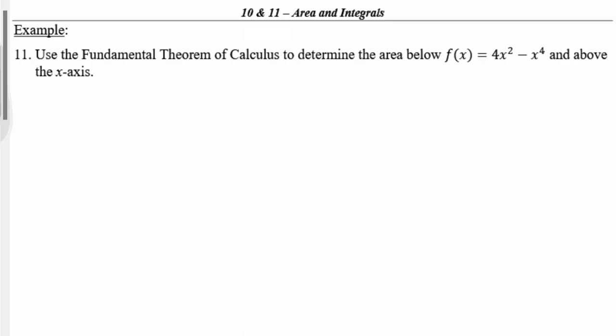So what are my bounds for this? How do we know? We want to know where this is above the x-axis. We need to know where it intersects with the x-axis. So we want to solve when 0 is equal to 4x squared minus x to the 4th. And yes, we can solve this by factoring.